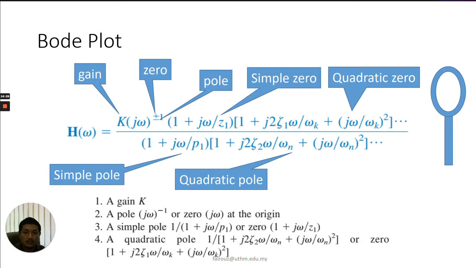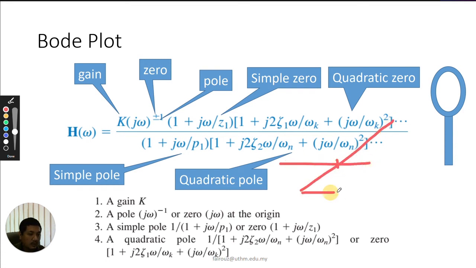Going back to the zero, which is s, it is a straight line like this, crossing at 1, and don't forget the slope, 20 dB per decade. That is for the zero. Now let's look at the pole.